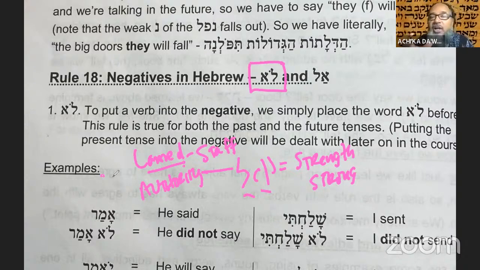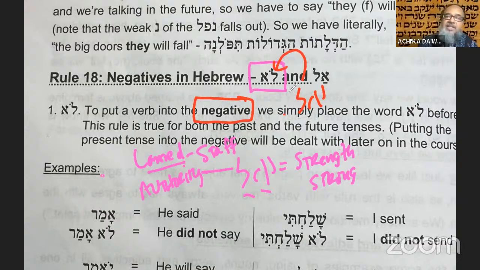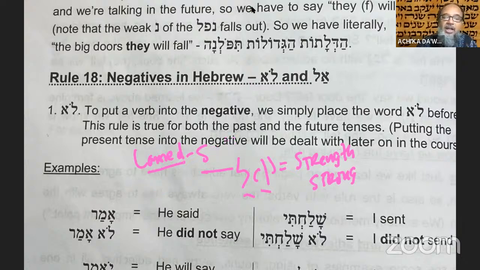If it's not strong, I'm going to put the aleph after the lamed to let you know that it is not going to be strong and it's not going to be able to do what it's supposed to be doing. So this is the reason why they use it as a negative. It's negative because the initial power in it is this way. So as soon as we switch it to this, it's negative. Okay. And how do you pronounce it? It's lo, and lo means no.